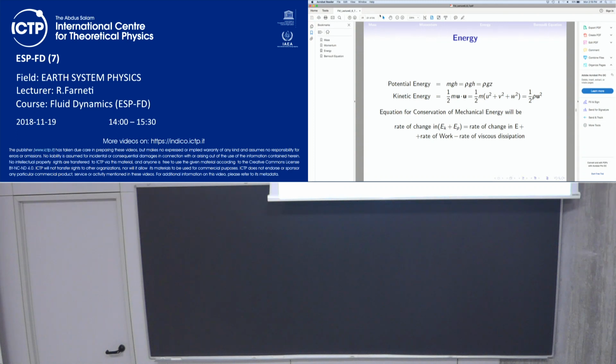We're talking about fluids, so we're going to look at the rate of change in our energy. So we're going to look at the rate of change in mechanical energy, and that is going to be equal to the rate of change in energy for whatever reasons, plus the rate of work done on the element of fluid. Okay, there could be shear stresses, there could be compression, there could be many things.